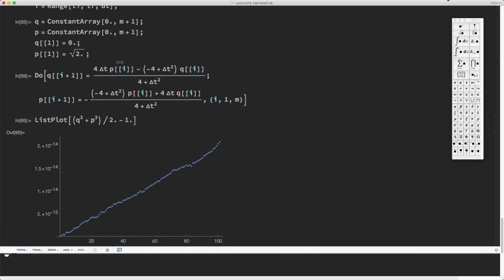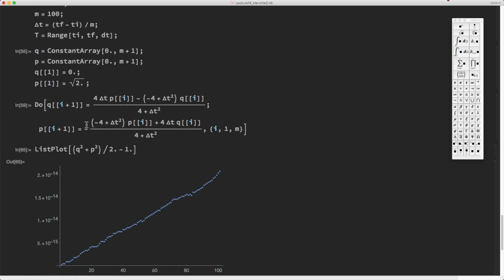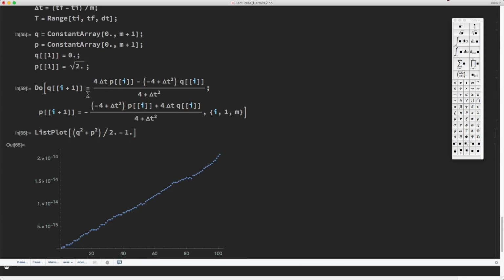So the method essentially conserves energy exactly, but because we do this floating point operation, which only has machine precision, there is a little bit of round-off error in each time step, which adds a little bit of inaccuracy, and that accumulates. Now, there is a way to avoid this error. One way is to use Kahan summation or compensated summation. But in this case, there is a very easy trick you can do.